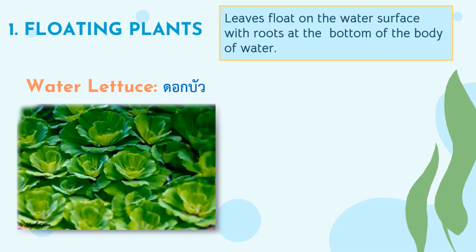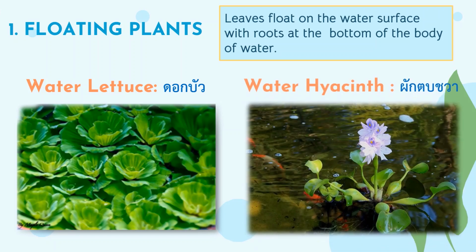Next, this is a water hyacinth. As you can see, the leaves float on the water surface, and the roots are at the bottom or under the body of water.